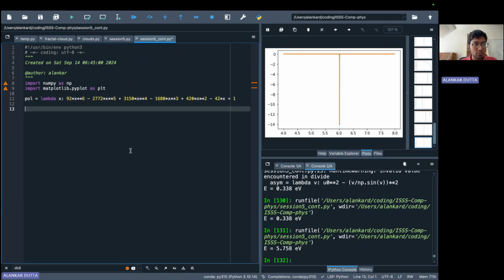This is a fairly long polynomial, and now we have x values.